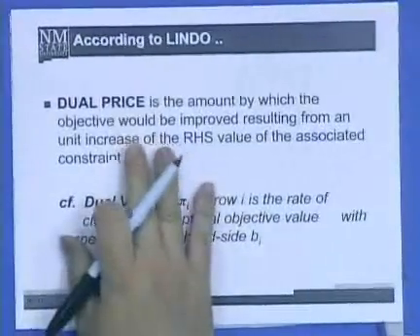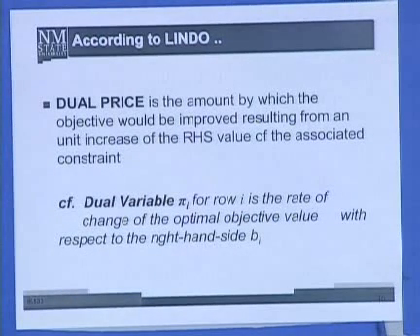Okay, and according to the Lindo report, the dual price is the amount by which the objective would be improved given a unit of increase in the right-hand side of the constraint.